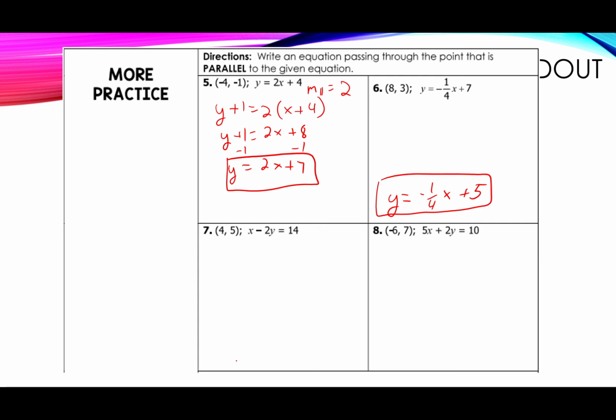Number 7, y equals 1/2 x plus 3. Good job. Now, I need to pause. Then y equals negative 5/2 x minus 8.